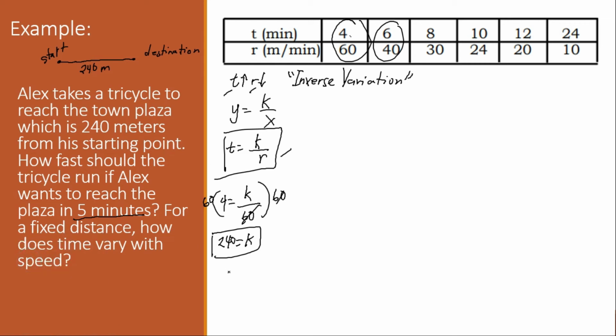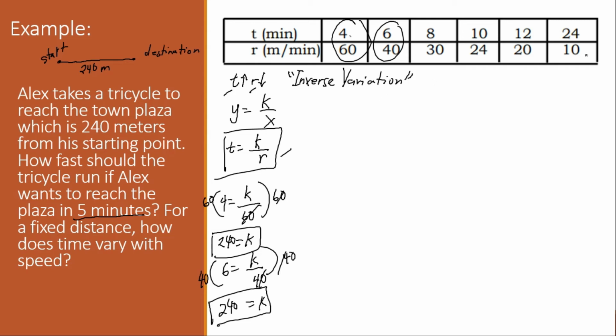Should be 6 equals k over 40. So, MPE tayo, no? Multiply both sides by 40. So, ang k natin, kasi 40 times 6 will also be 240. So, ganun din kapag sinubstitute nyo tong iba. Ganun din yung kakalabasan will always be 240 kasi yun yung ating constant of variation.